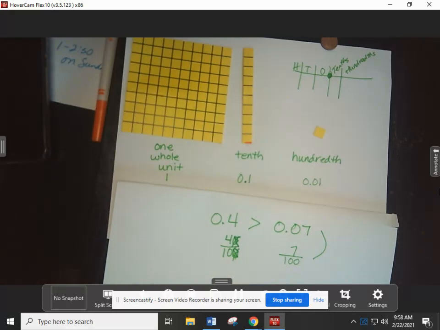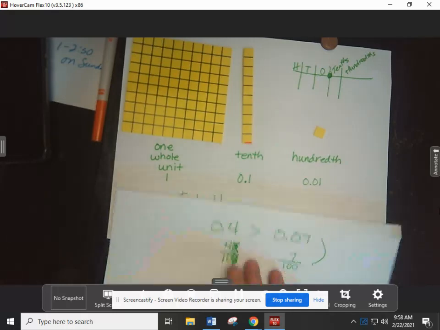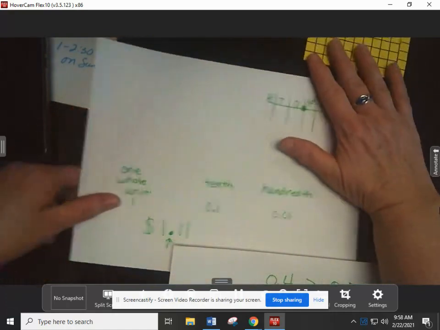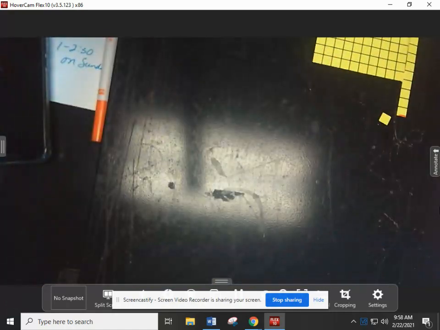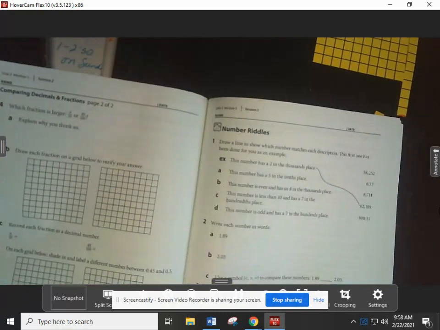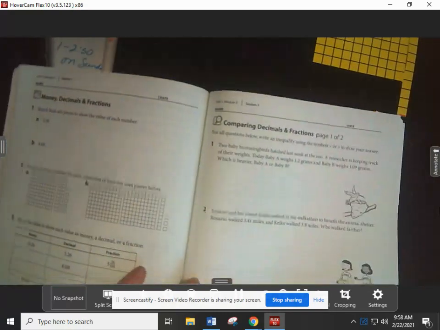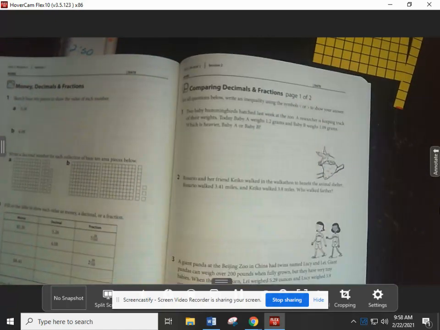Let's see. It is time for us to get your student book out. Bridges book. So everybody's getting their Bridges workbook out? And we are on page 115.